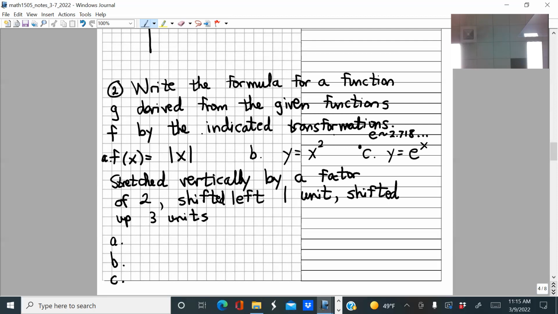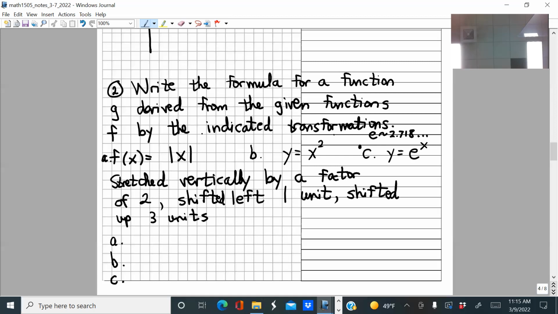To 3 decimal places, it's 2.718. So we're taking that base, 2.718, and raising it to x, whatever input x is. So you can graph that function. It gives you a pretty simple curve. And x squared is a basic curve, and so is absolute value.